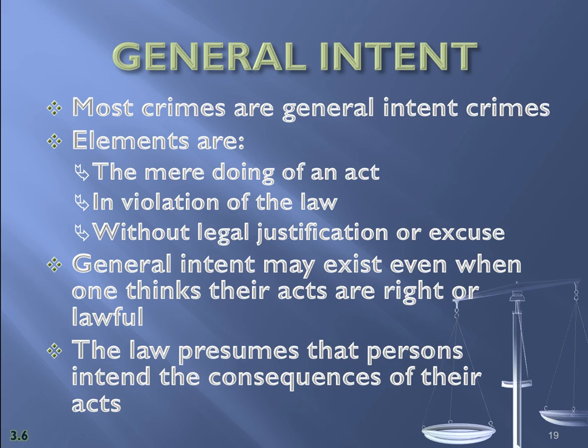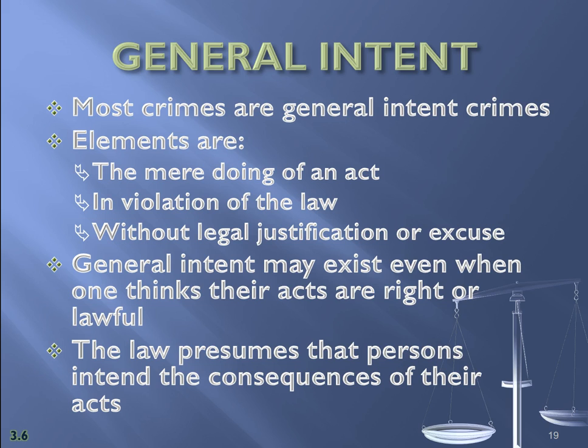Most crimes are what we call general intent crimes. The elements are the mere doing of an act in violation of the law without legal justification or excuse. General intent may exist even when one thinks their acts are right or lawful. Again, the law presumes that persons intend the consequences of their acts.